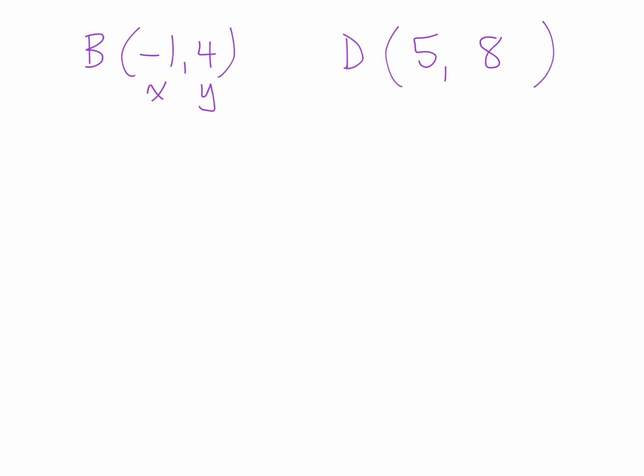X, Y. This is also x and y, correct? I'm going to label B as coordinate 1. See how I put the number 1 underneath the variable? That's my first coordinate, and this is my second coordinate. I'm differentiating between the two coordinates so that when I use a formula, I know which numbers to choose first.